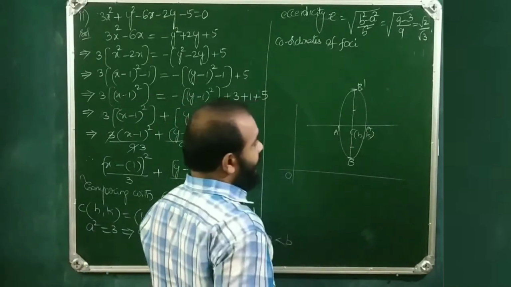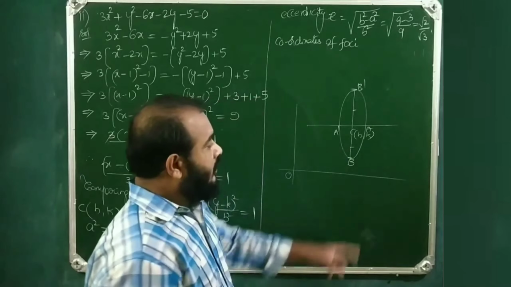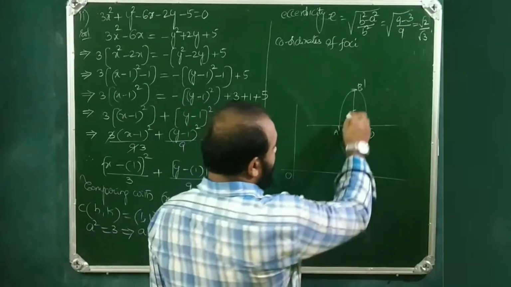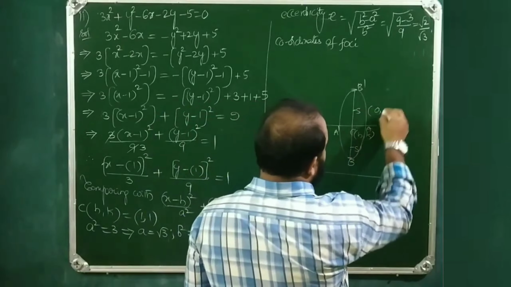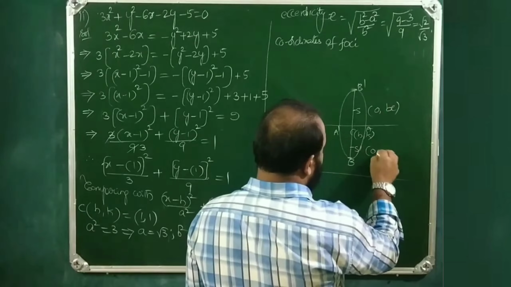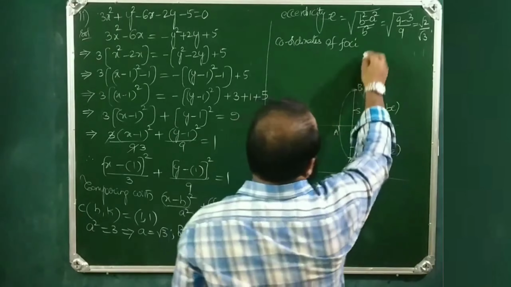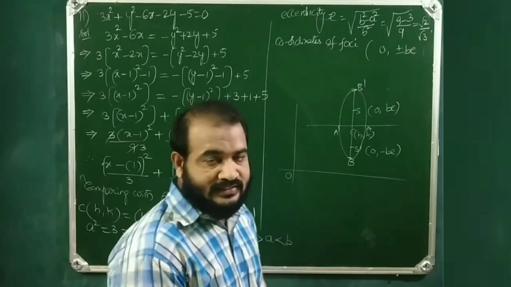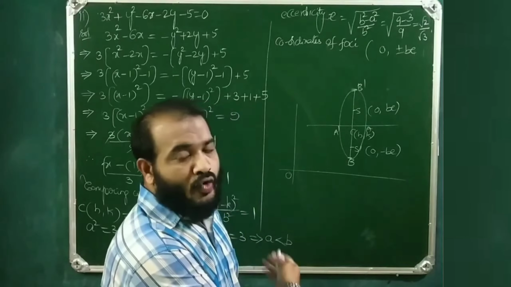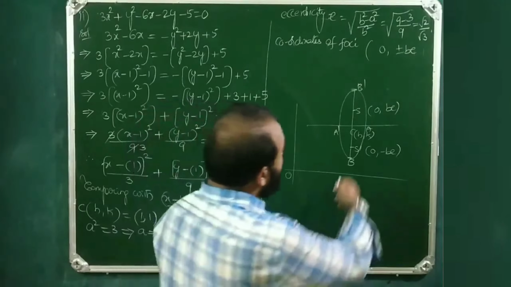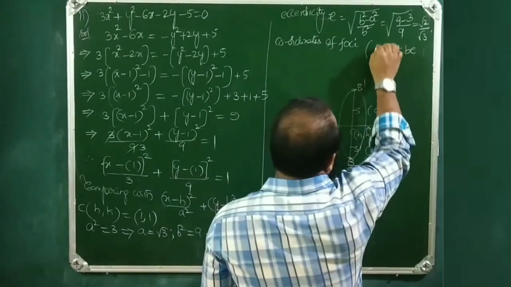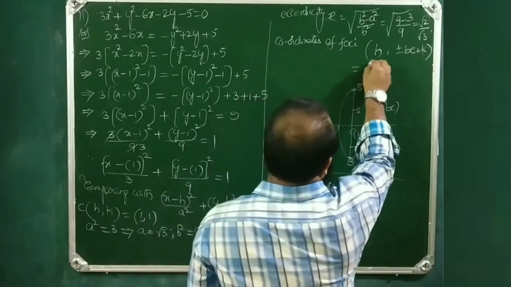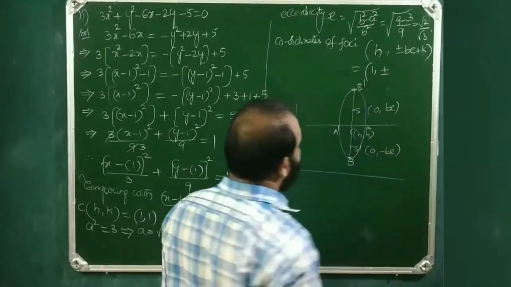Actually, if the center is at the origin, then S and S dash are 0 comma b e, 0 comma minus b e, that is 0 comma plus or minus b e. But since shifting of origin has happened, h will be added and here k would be added. So this is equal to h which is 1 comma plus or minus b e.